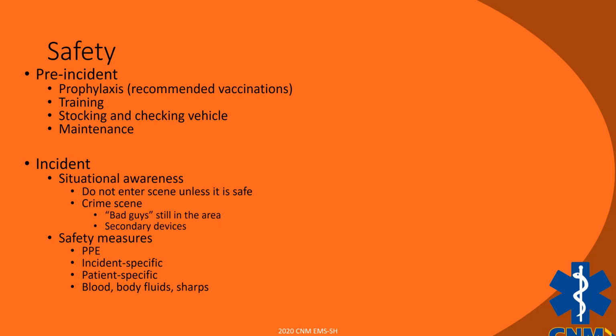prophylactic approach, to make sure that if we're exposed to, in the high likelihood that we will be, communicable bloodborne diseases, we have enough tools in our body to respond. So that's a good form of safety.